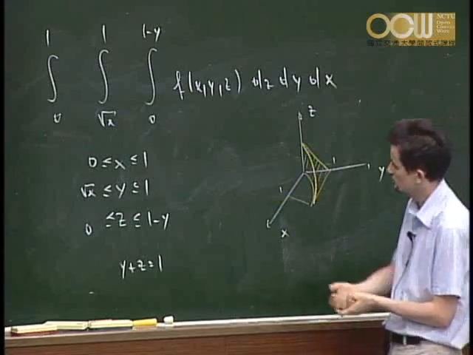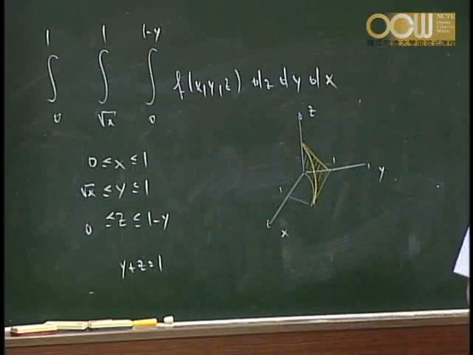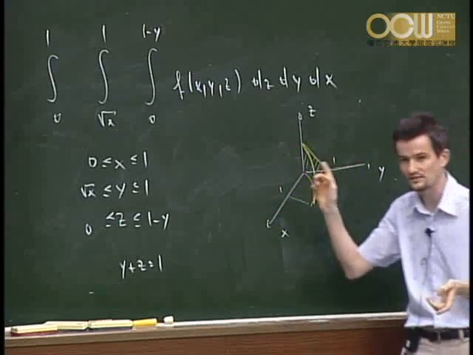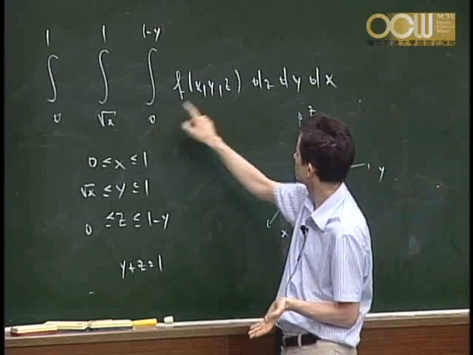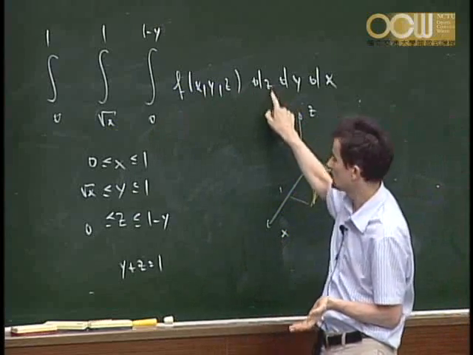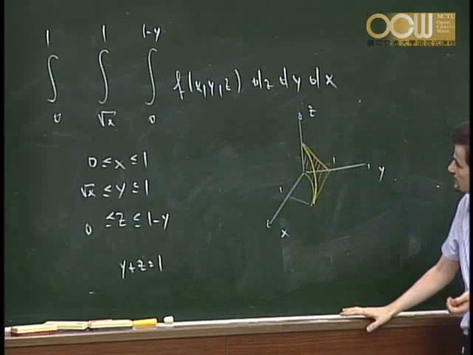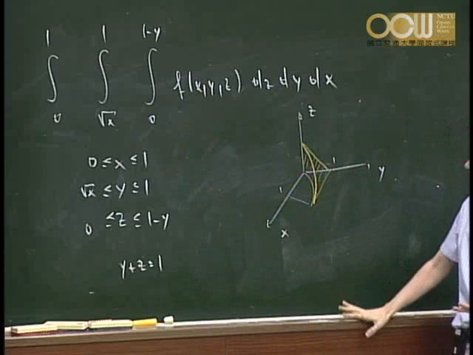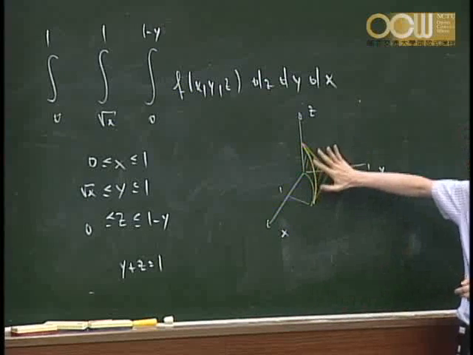The last one, or the first one, depends on your point of view, the first one to compute or the last one of the integrals. Here the last one is with respect to z. Now, if the last one should become with respect to x, then you have to project this space region onto the yz plane. This is easy because it's just a triangle.